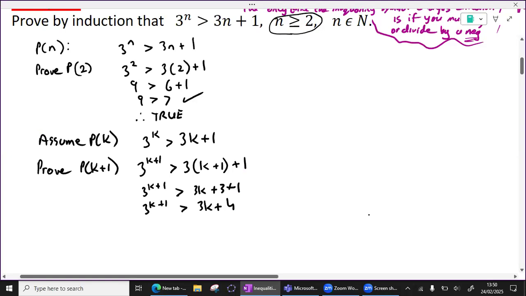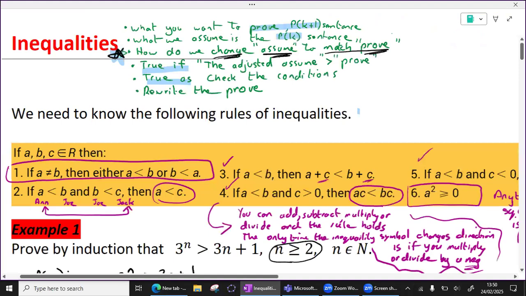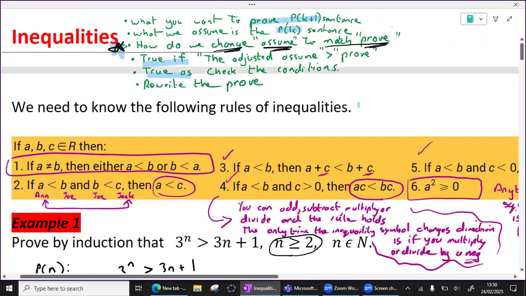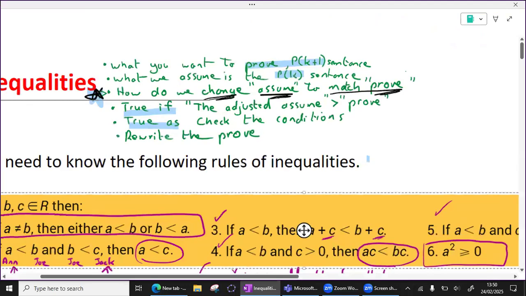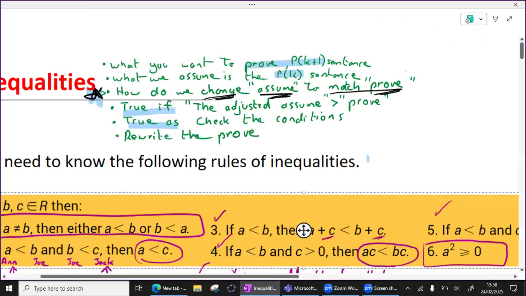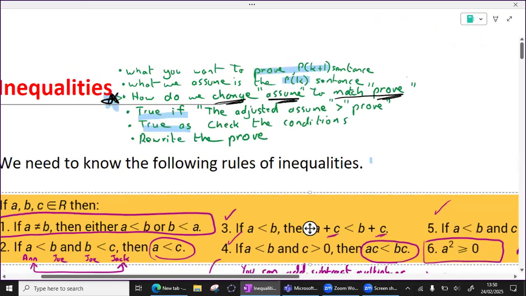Now, this is where the steps that we wrote the last day come in. It says what you want to prove is the P of k plus 1 sentence. So we have that. What we assume is the Pk sentence. So we have that. Now, this is the absolute key sentence. How do we change assume to match prove?